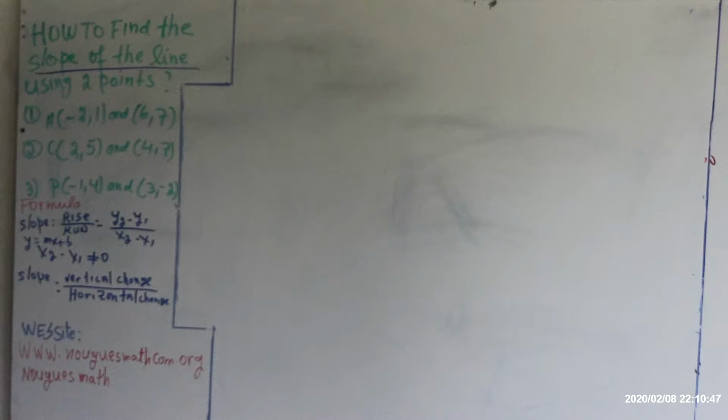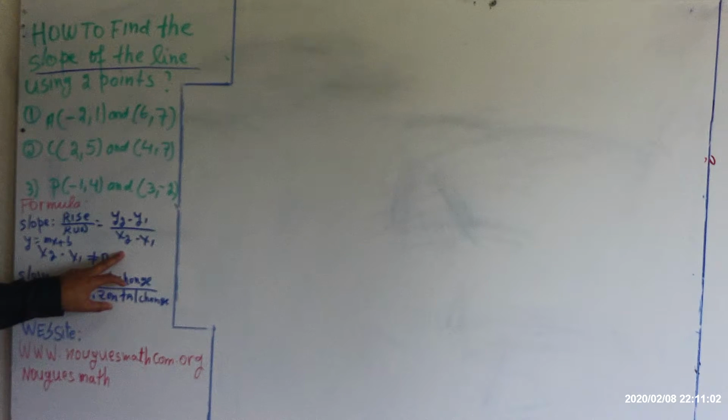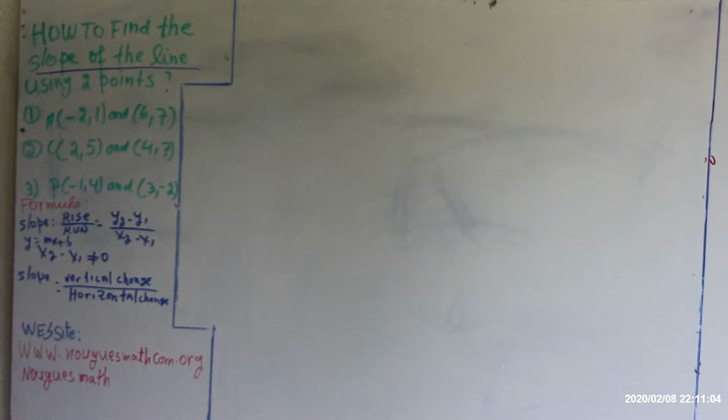That's another way. And today, you're going to see we can use the slope formula to calculate the slope of the line. The slope formula is y2 minus y1 over x2 minus x1.